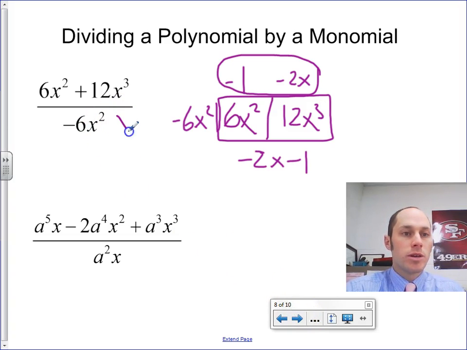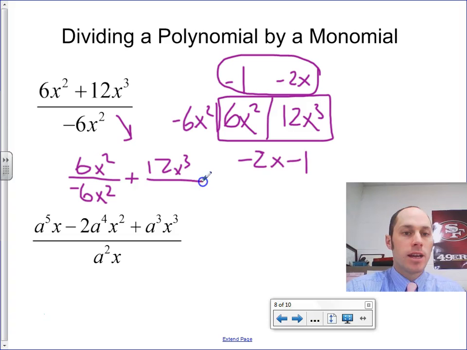The other way we can do is we can think of this as dividing. So I have to take 6x squared divided by negative 6x squared, and I have 12x to the third divided by negative 6x squared. And we divide it that way.